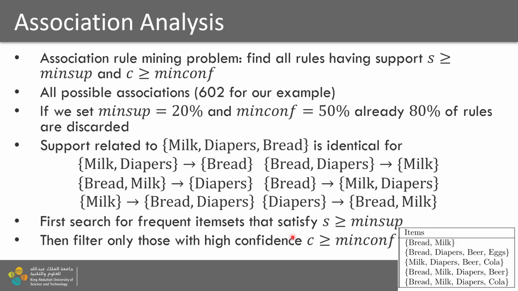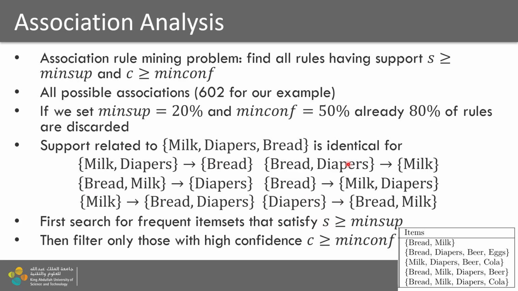So in the first step, we are actually not looking for the rules. We are looking for frequent item sets which can be behind certain association rules, and only keep those which have high support.